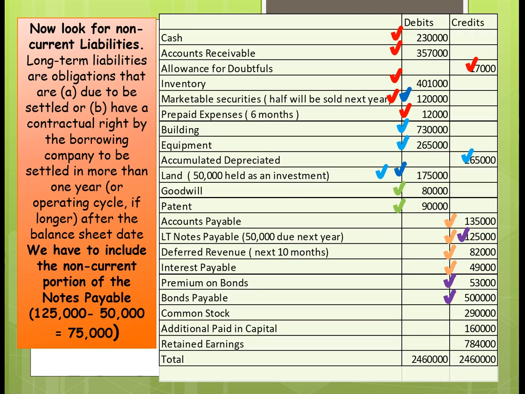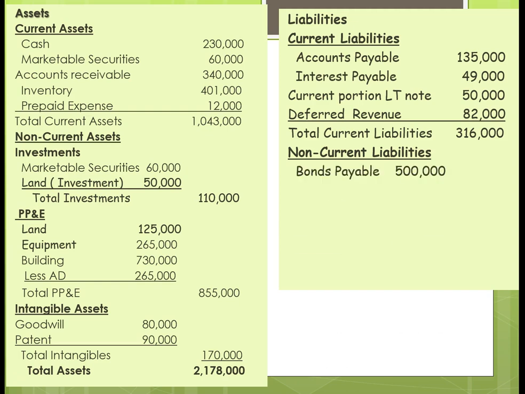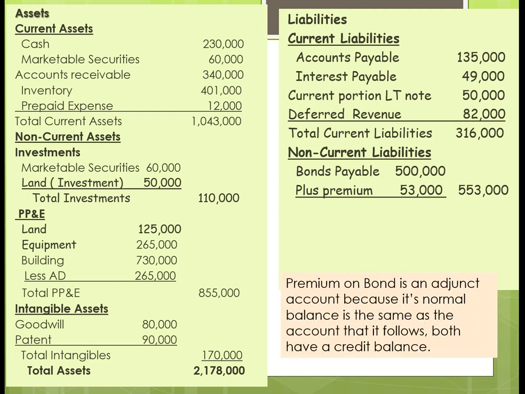Now we can prepare the non-current or long-term portion of our balance sheet. We're going to show the bonds payable plus the premium. Now, a premium on bond, again, is an adjunct account because its normal balance is the same as the account that it follows. In this example, both have a credit balance.